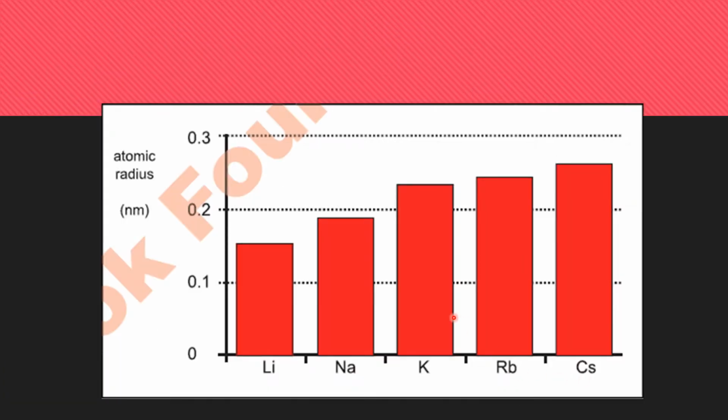Here a graphical presentation is given, and you can see that atomic radius is increasing from lithium towards cesium. As the size of the atom increases, extra shells are added in each element as we move from lithium towards cesium down the group.